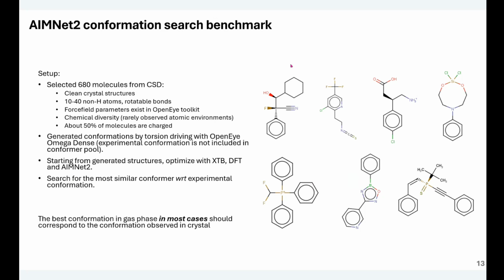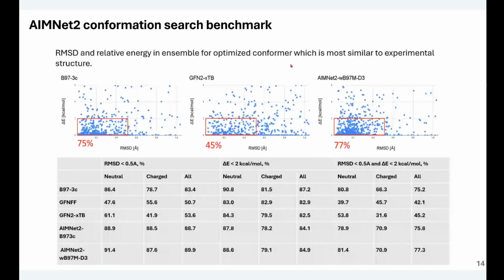It's mimicking a standard conformational search workflow. In this case, we're trying to find something that, if we match an experimental structure, the matched structure should have low energy. And those are the results.